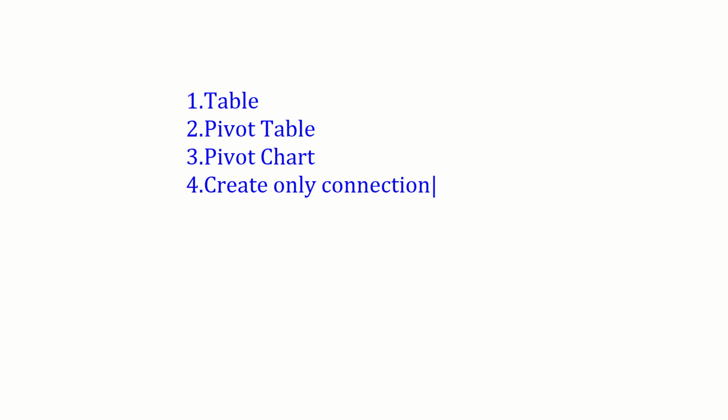But if you are selecting the connection here, you have to select one more option. If you have selected the table or pivot chart, no problem. But if you are selecting create a connection only, you have to select one more option called add data to data model.